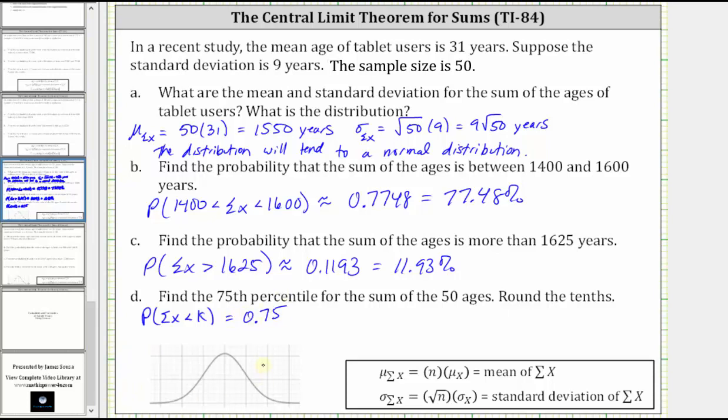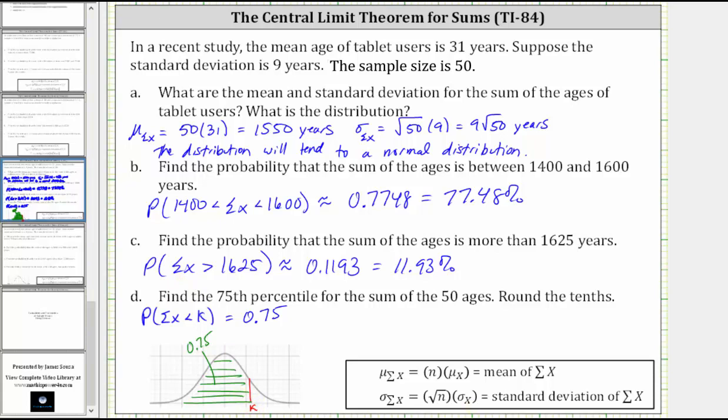If we look at this normal distribution here, if we say the 75th percentile is, let's say here, where this is k, then the area to the left of k under the curve must equal 0.75. Which also means the area to the right is going to be 0.25, but when using the TI-84 and the inverse norm function, we need the area to the left of k, the percentile we are looking for.